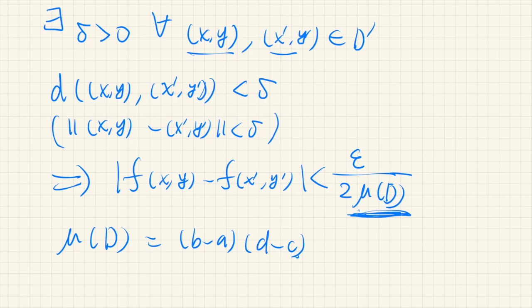So if two points are closer than delta, then the difference between the functional values can always be made smaller than this value.